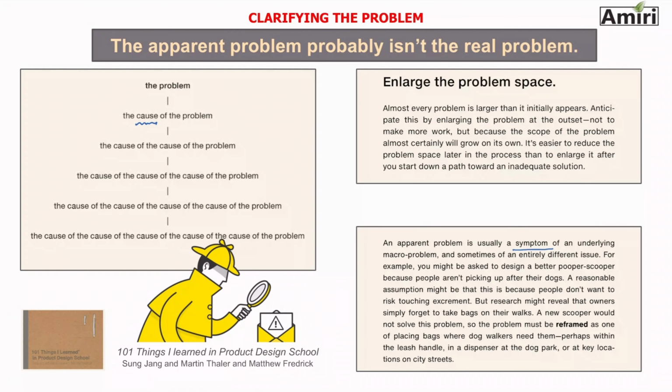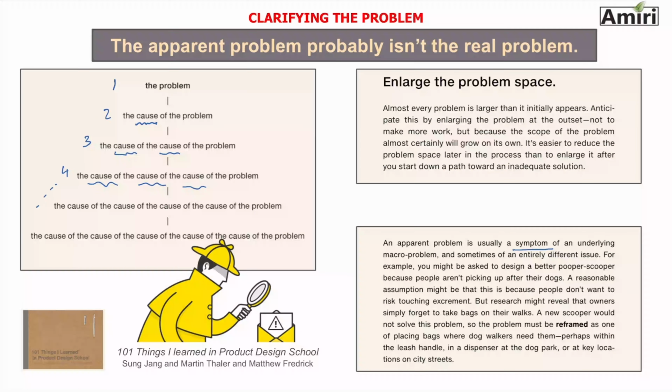So when you think of a problem, you have to find the cause of the problem, then look into the cause of that cause, then the cause of the cause of the cause, and so on. If you think of this as level 1, you get to level 2, 3, 4, and so on, until you get to the root cause of the problem and what is exactly causing it.